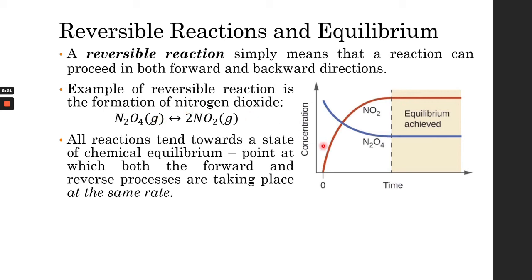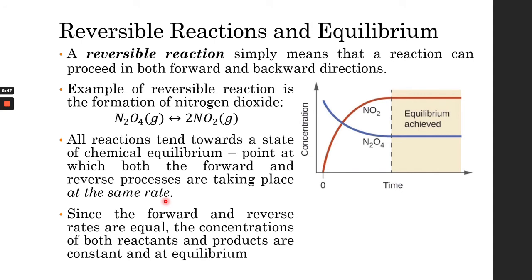But again, when we talk about equilibrium, I really want to emphasize this and drive it home. We are not talking about a situation wherein the concentrations are equal. We are talking about a situation wherein the rate of the production of the products and the speed wherein the products are coming back as reactants is basically equal. They are at the same rate.